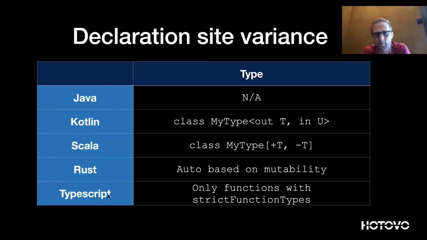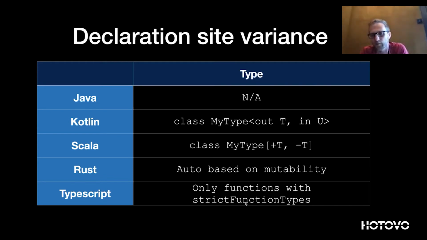And in TypeScript, this is quite interesting, because TypeScript, due to the structural typing mechanism, is a bit different. It doesn't support declaration site variance, but it has some rules for functions only. There is a compiler parameter that I can enable or disable called strict function types.